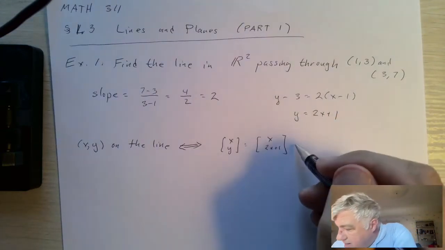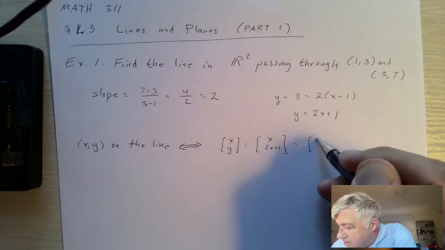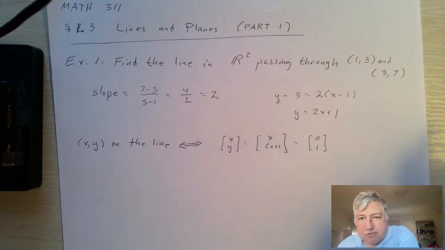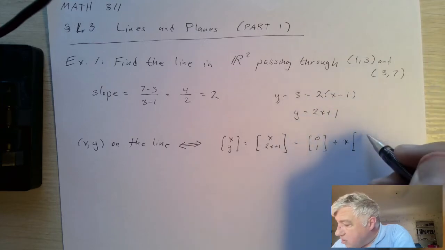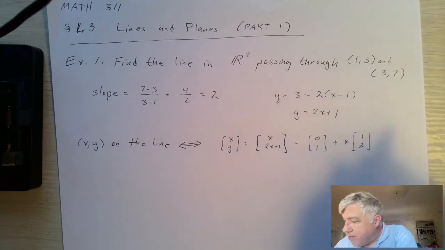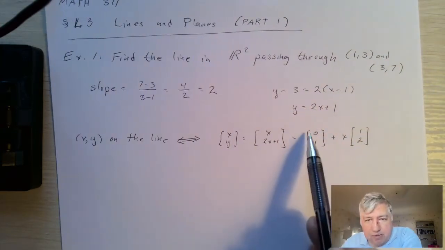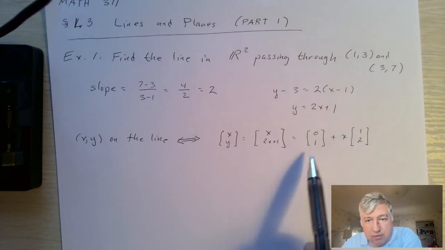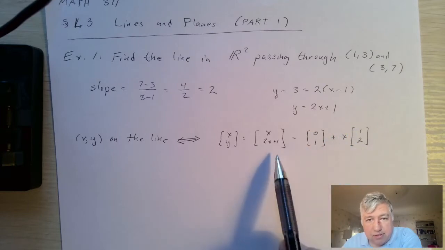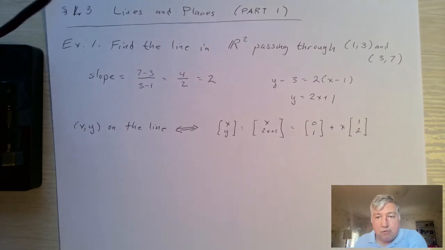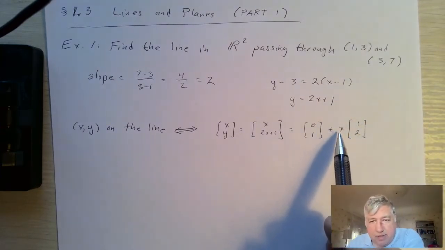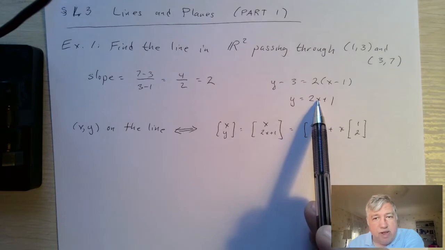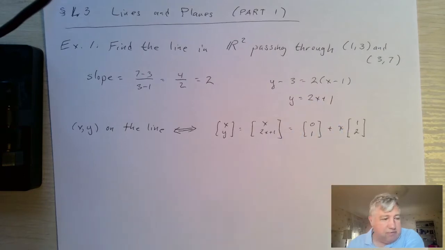But we can actually break this up as a linear combination of vectors: (0, 1) plus x times (1, 2). If we add this up, this is 0 plus x times 1, and this is 1 plus 2x. So that works. And hopefully you can also see that x can be anything. Just like we could plug any number in for x here, we could plug any number in for x here.